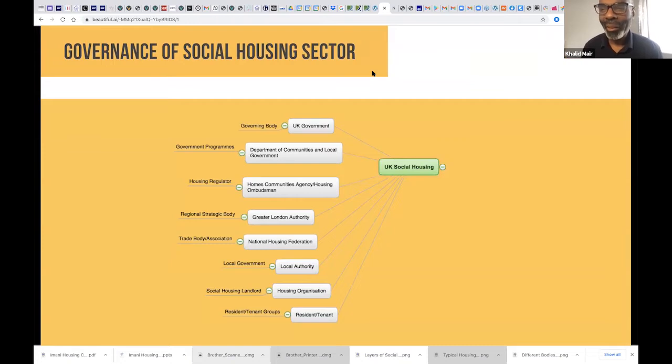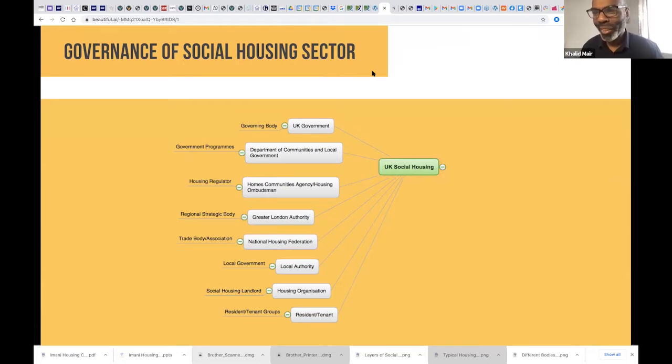I don't know what level the audience is involved at, but once you get into housing, or become a registered social landlord, or get public funds, you're in the system, and at various stages you'll have interaction with all of these groups.